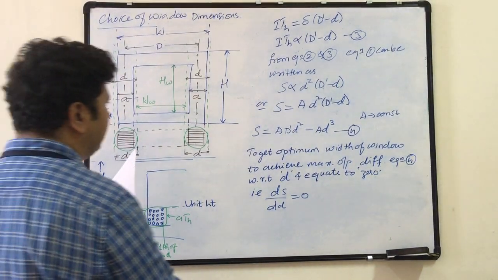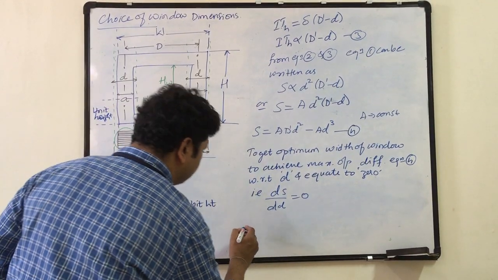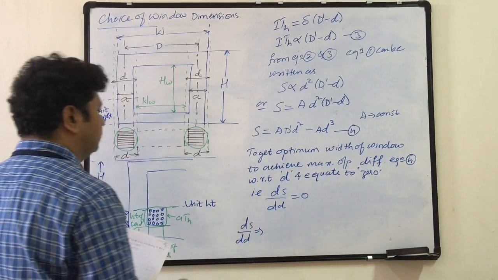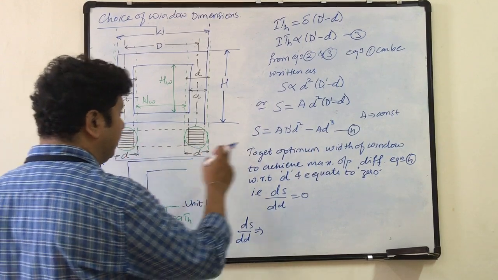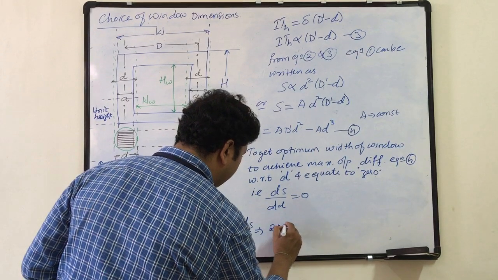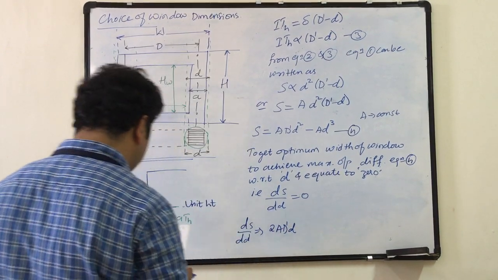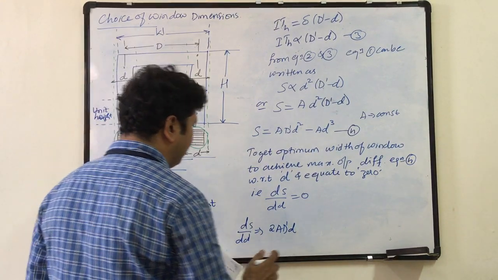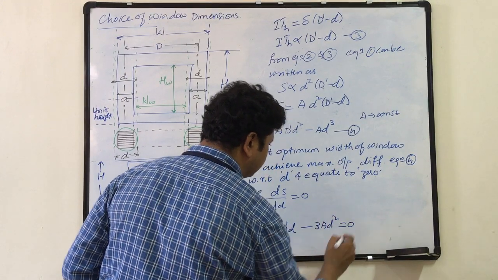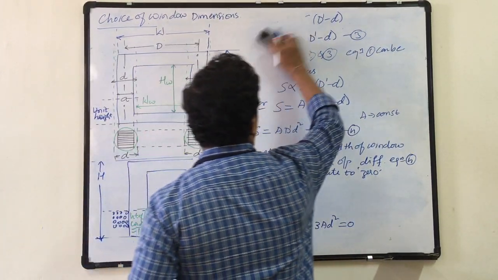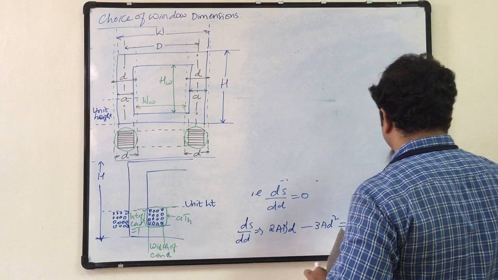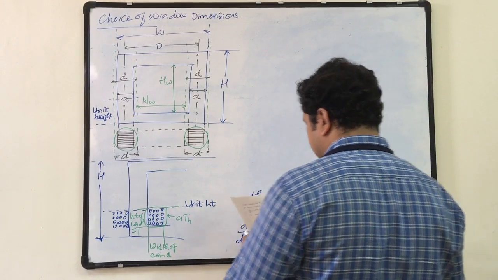So what I get? dS by dD implies A D dash times d by dD of D square, it is 2A D dash into D, minus A into D cube, 3A D square, and this is equal to 0.